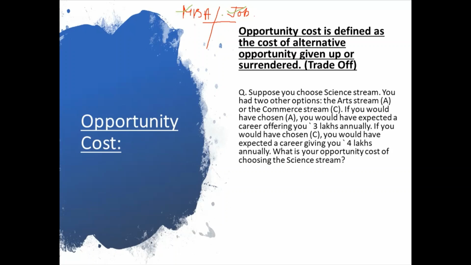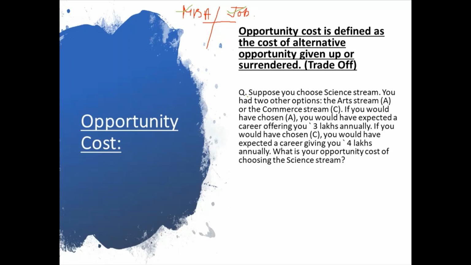So it's easy: opportunity cost is just the cost of any alternative you have forgone to choose a particular opportunity over some other alternative. There's a question that I've framed for you, which will help make things clear.